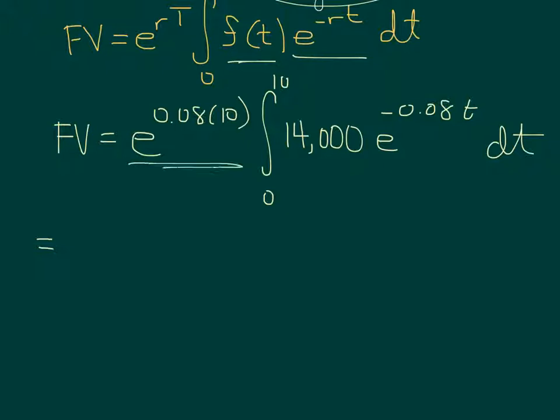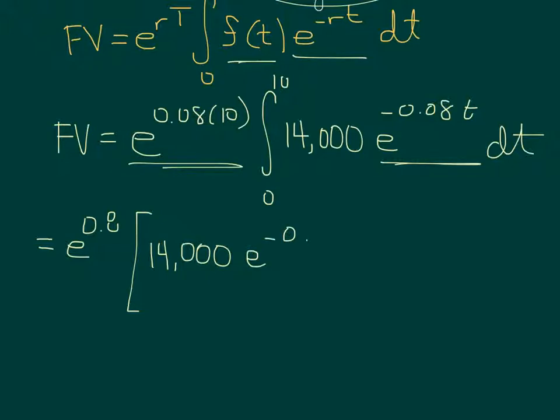I'm going to multiply this out to simplify it a little bit. So I get e to the 0.8 times this 14,000. When I take the antiderivative of e to the negative 0.08t, we still get e to the negative 0.08t, but remember when we're doing the antiderivative, we have to divide out the chain rule piece, which is the negative 0.08.